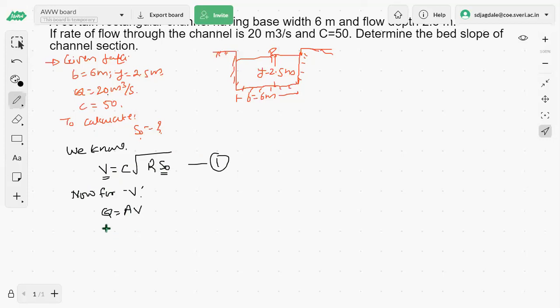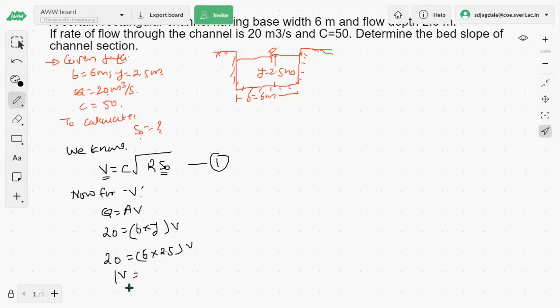Q is given to us, that is 20, is equal to area, which will be B into Y, into the velocity V. That is 20 is equal to base width 6 meters, then flow depth 2.5 meters, into V. So what is the magnitude of velocity V here?